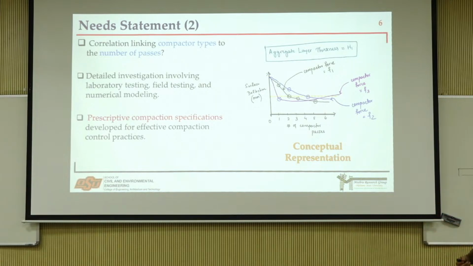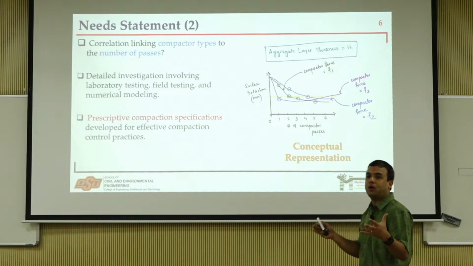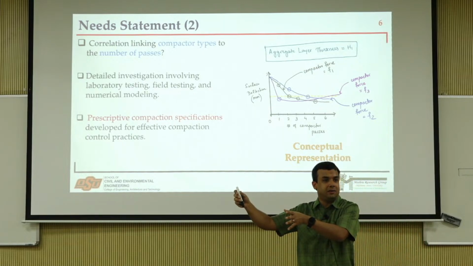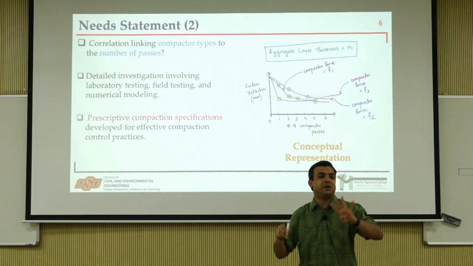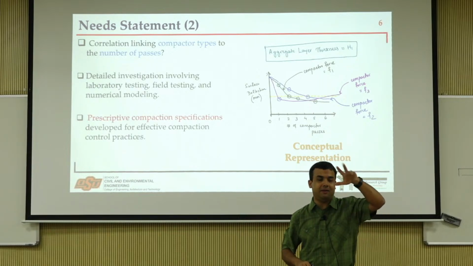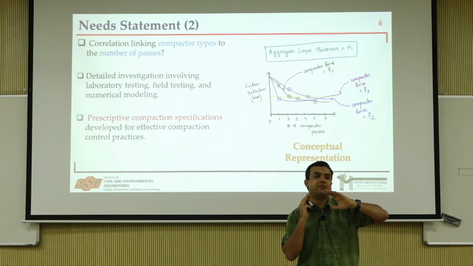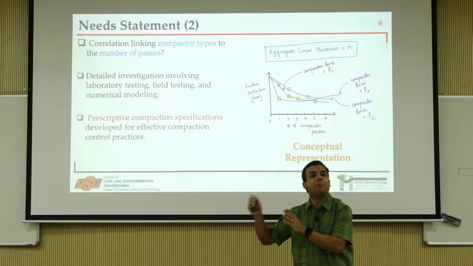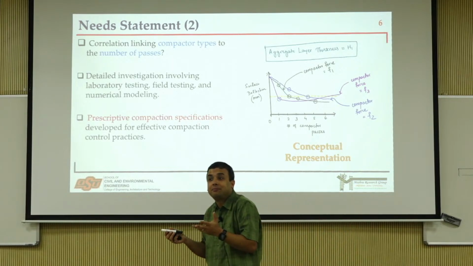So in other words, if I have a 8,000 pound compactor versus a 10,000 pound compactor, does that mean that because the LCM is 40, 5 passes of the 8,000 is equivalent to 4 passes of the 10,000? Is it?